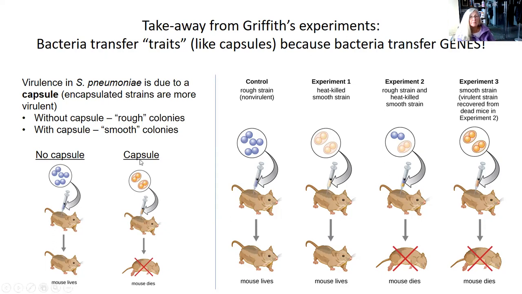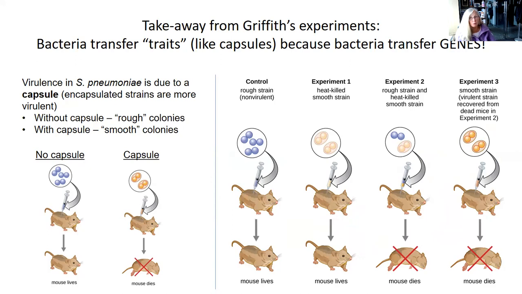So the bacterial cells are able to transfer the ability to produce a capsule from one cell to others. Okay, so dead bacteria with capsules can transfer the capsule trait to other bacteria. That's what Griffith noticed first, and then he realized it was due to a physical factor because he killed those encapsulated bacteria, and still, when they mixed it with the ones that didn't have the capsule, the unencapsulated bacteria picked up something that gave them the power to produce those capsules.